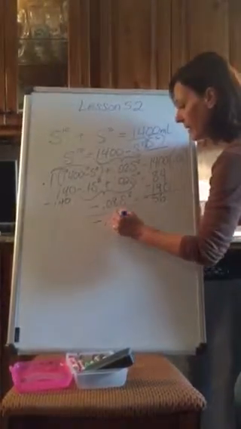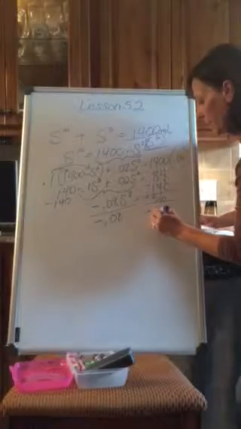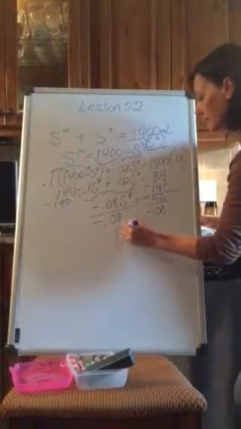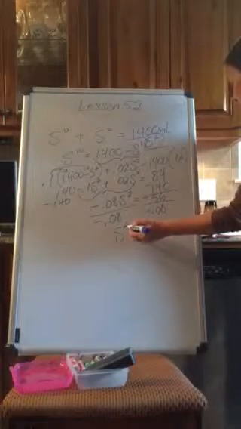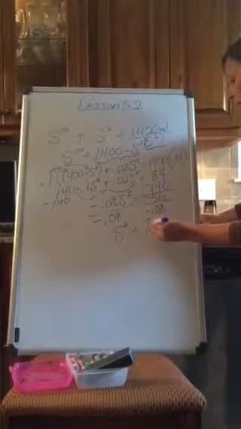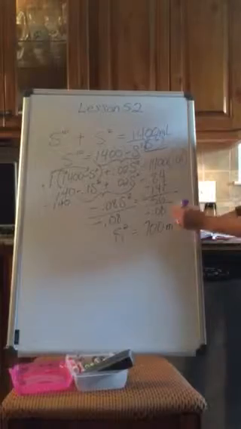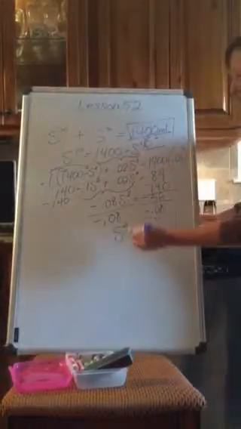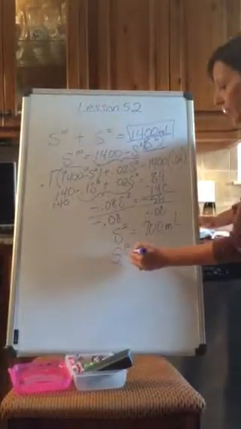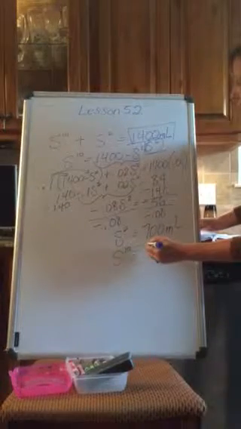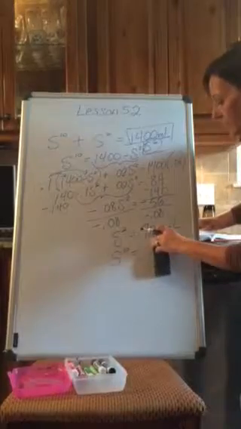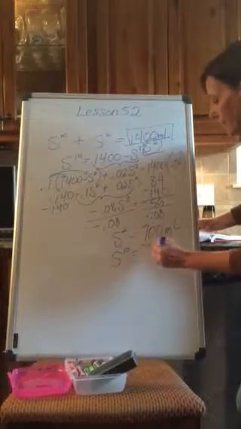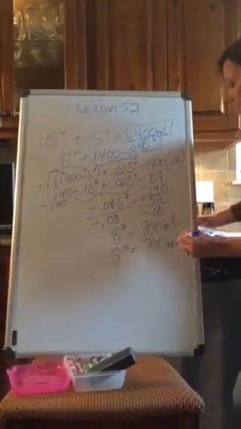Divide by negative 0.08, negative 0.08, and the amount of salt at 2% I should add is 700 milliliters. If I end up with 1,400, then the amount of salt at 10% I should add needs to total 1,400, so that too is 700 milliliters.